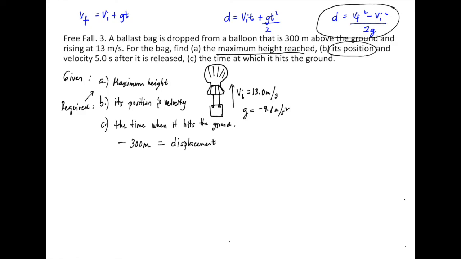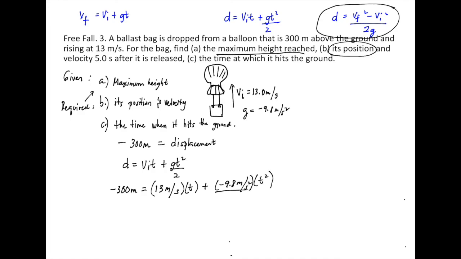So the best equation that we're going to use, we have this d is equal to Vit plus gt squared divided by 2. So substituting now, we have negative 300 meter, the Vi, which is 13 meter per second, multiplied to time, plus negative 9.8 meter per second square, multiplied to time square, then divided by 2.